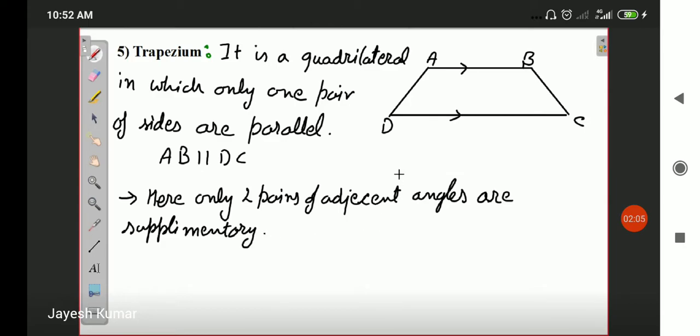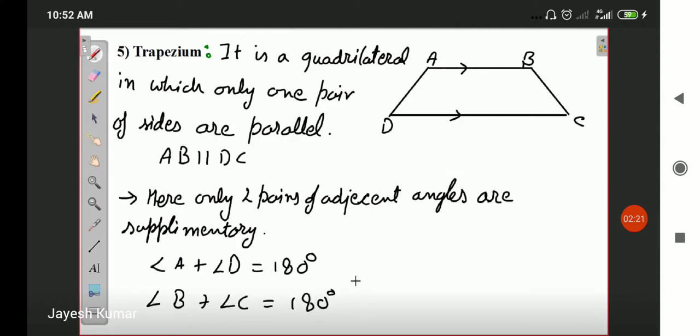That means angle A plus angle D is equal to 180 degrees, as well as angle B plus angle C is equal to 180 degrees. In this manner, only these two pairs of angles are supplementary.